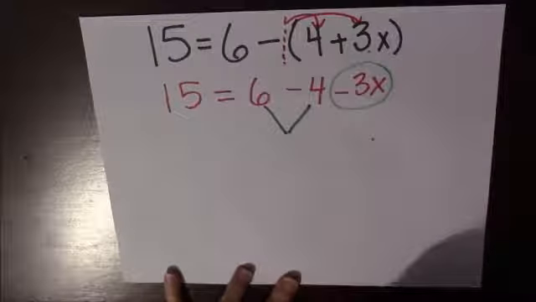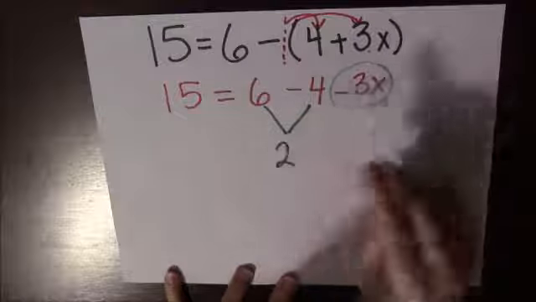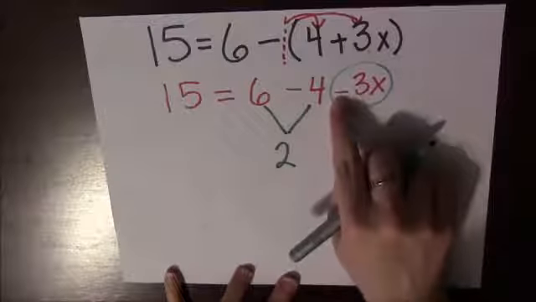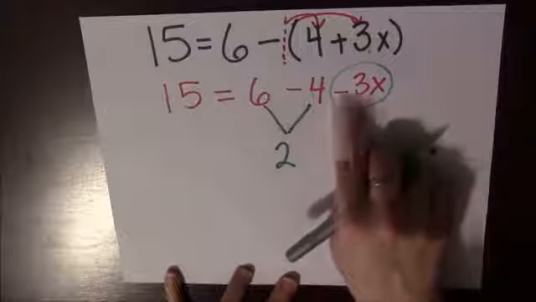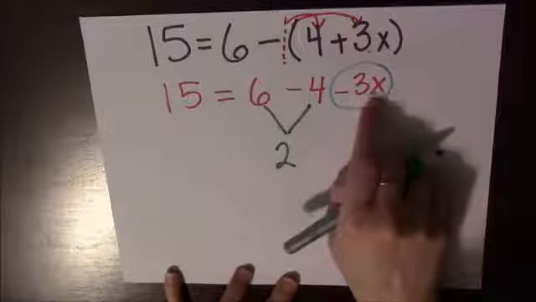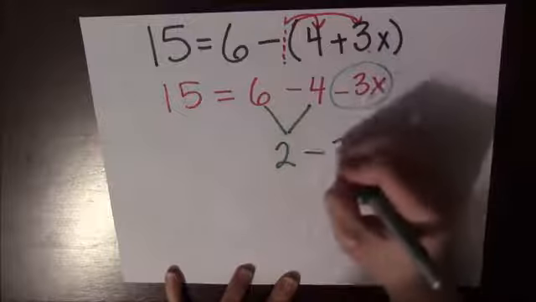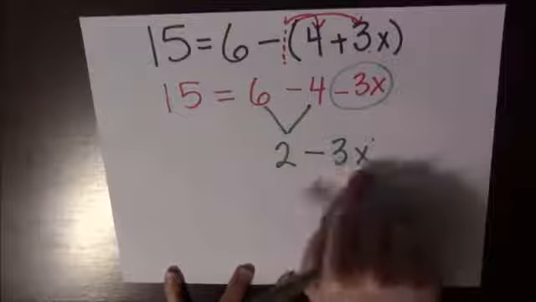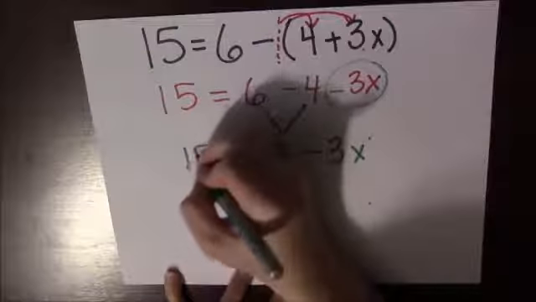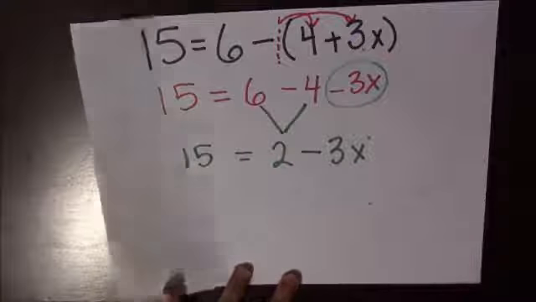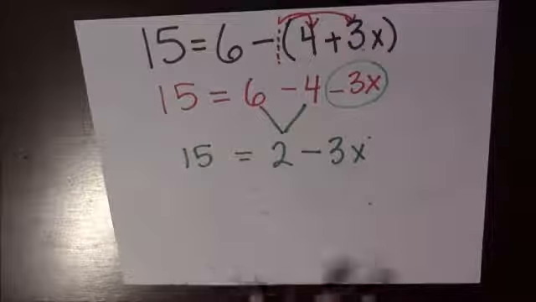So 6 minus 4 is 2. So now, remember, we circle the sign that comes before the variable and coefficient or before the number to tell us what operation it is. So that's 2 minus 3 times x equals 15. I solve it. I got it into a format that I'm already familiar with.